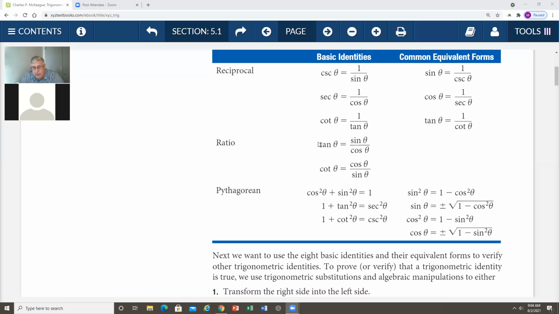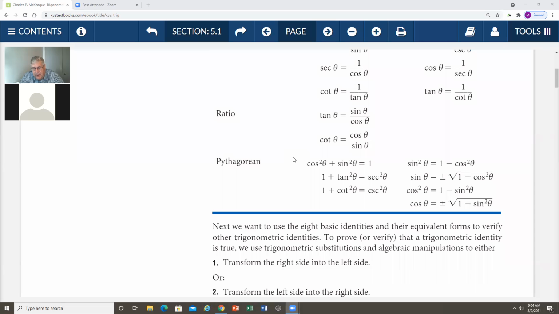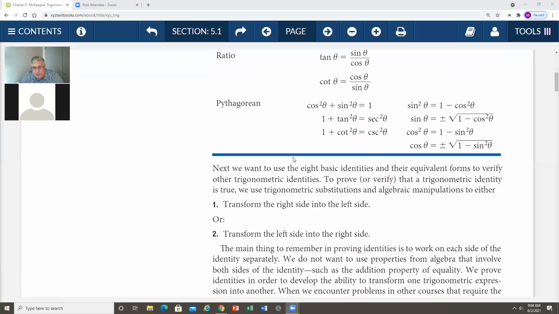However, when we are being asked to prove that a trigonometric expression is a valid identity, we cannot treat it as an equation. We cannot add or subtract something from both sides or divide or multiply both sides by something. You cannot do that. What you have to basically do, ladies and gentlemen, is just work exclusively with one side.